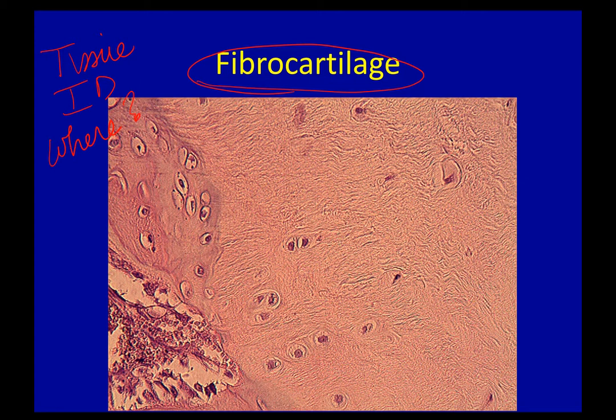Fibrocartilage's function isn't just structure. It actually acts like a shock absorber. In other words, you can put a lot of pressure on it and it'll bounce back up again. You know your spinal column, those bones along your spinal cord, the vertebrae? In between those bones, you have these little patties of fibrocartilage.